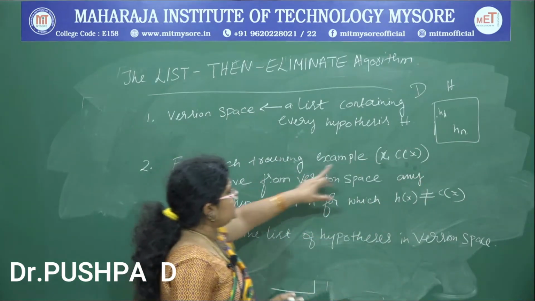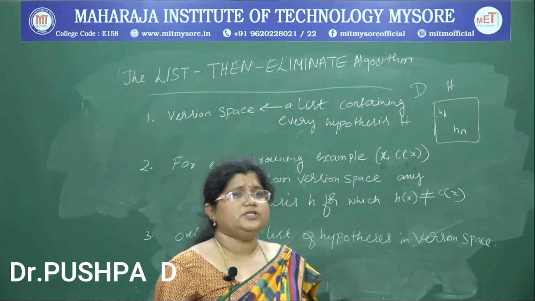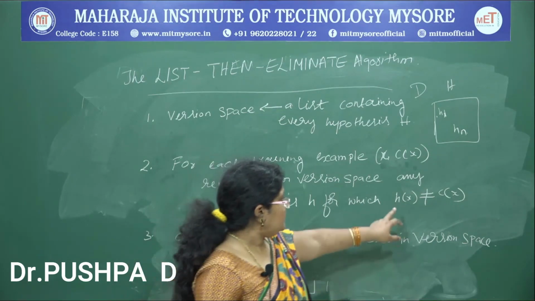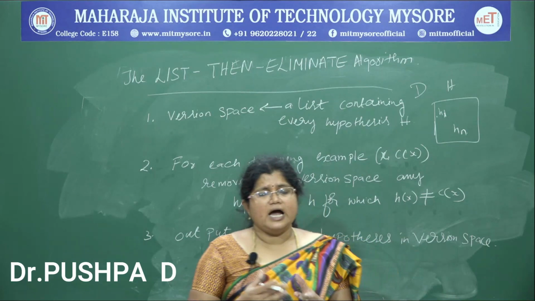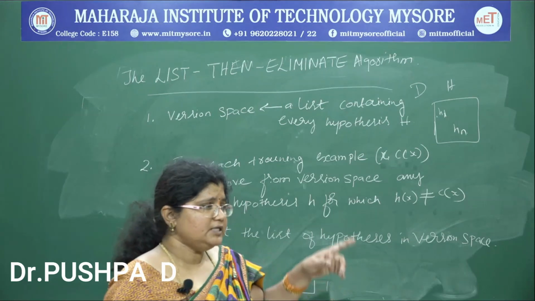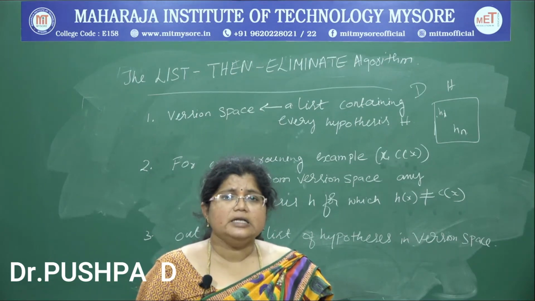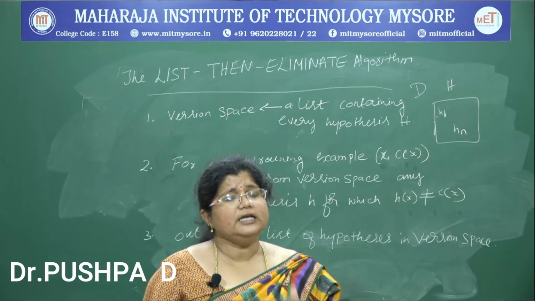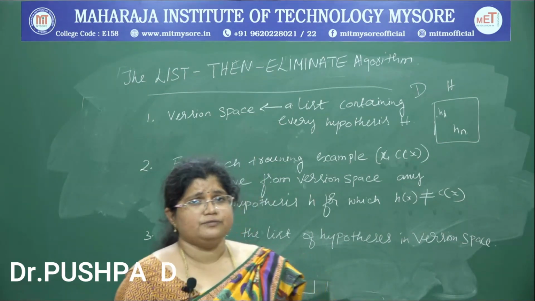If C of x is equal to H of x, those hypotheses are retained in the version space. If H of x is not equal to C of x, then that hypothesis is removed from the version space. These steps are repeated until all the training examples in the data set are completed, and then it comes out of the loop.